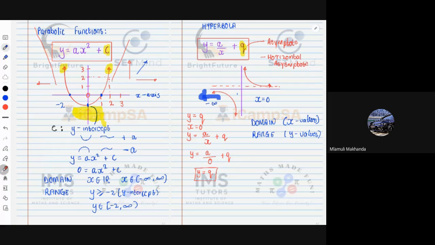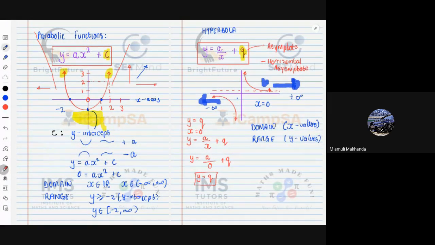So for our domain, we jump into this side, and you can see that the hyperbolic function is getting bigger and bigger, going in the direction of positive infinity.